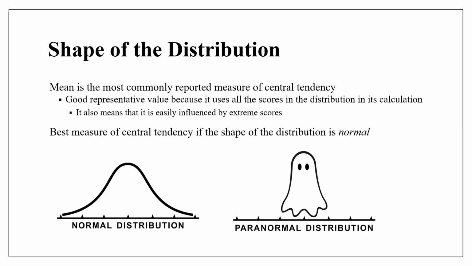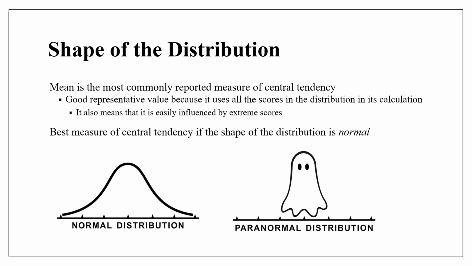So the mean is going to be the best measure of central tendency, or of the typical performance, the typical behavior, when the shape of the distribution is normal.